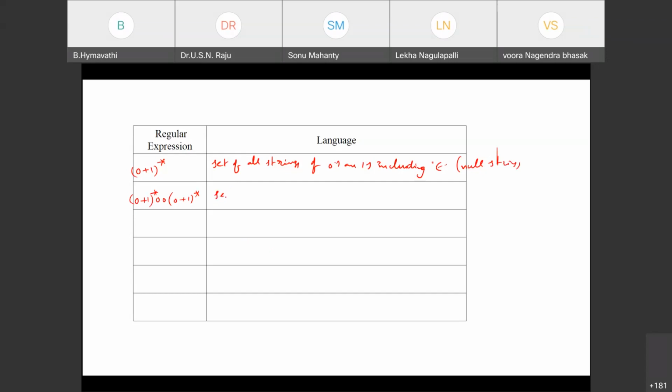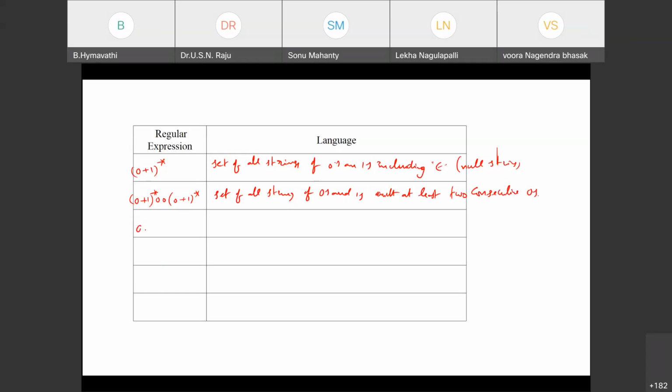So set of all strings of zeros and ones with at least two consecutive zeros. This is also okay, no? And whatever our friend is telling, which must have minimum two zeros, that is also okay. Meaning is same.